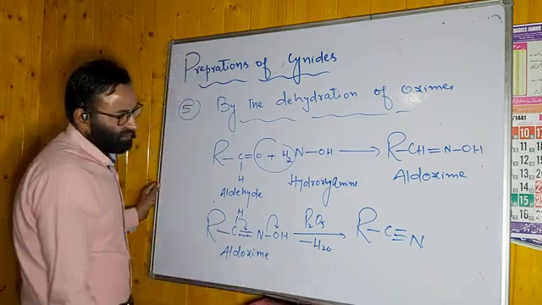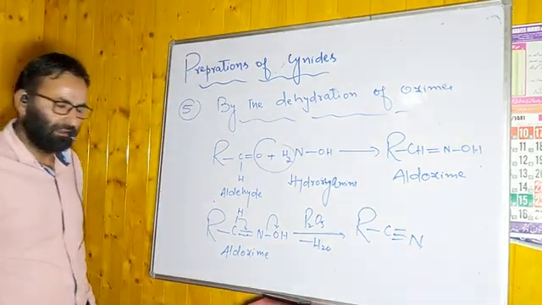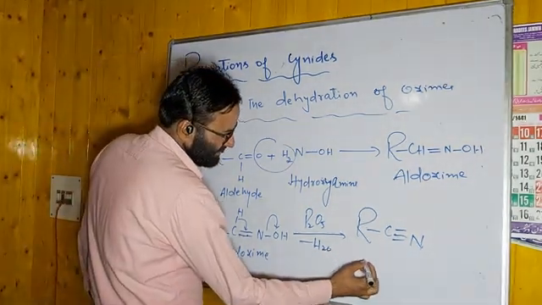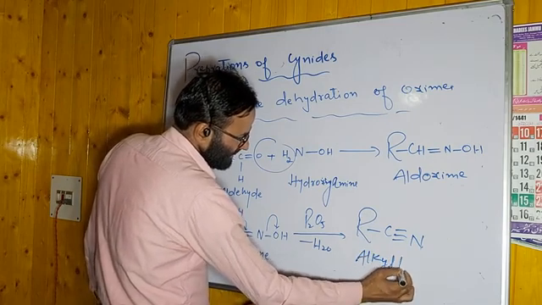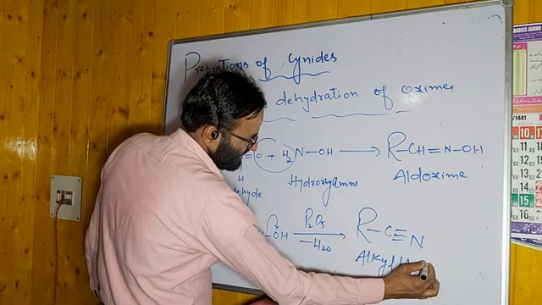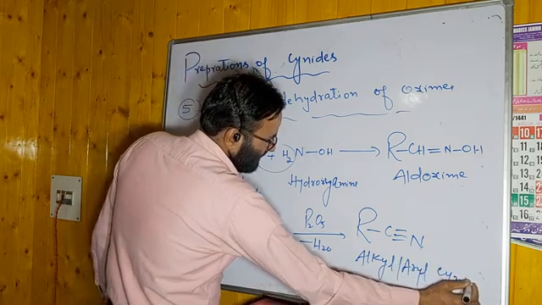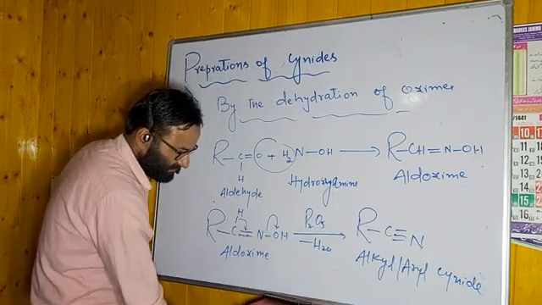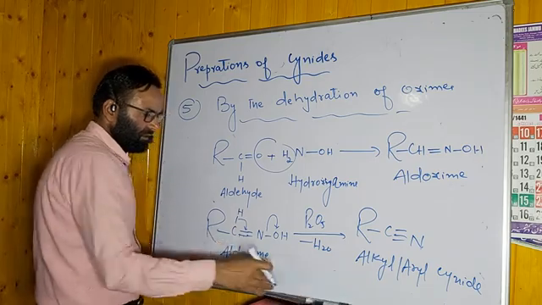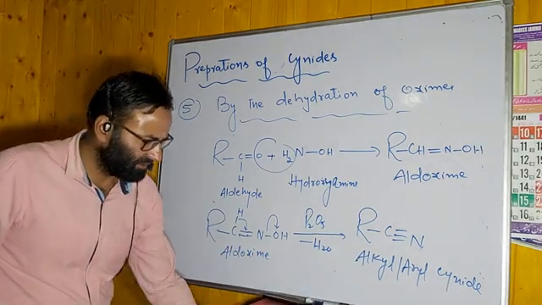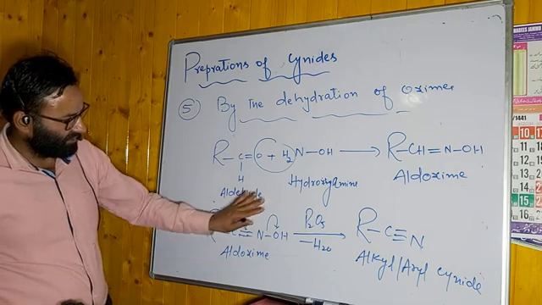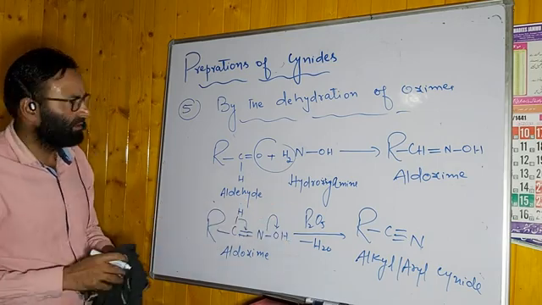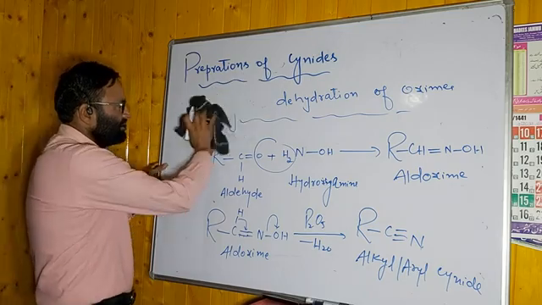You can prepare both aliphatic and aromatic cyanides. This is alkyl or aryl cyanide; you have to substitute the value of R, whether aliphatic or aromatic. This is the reaction you have to remember.